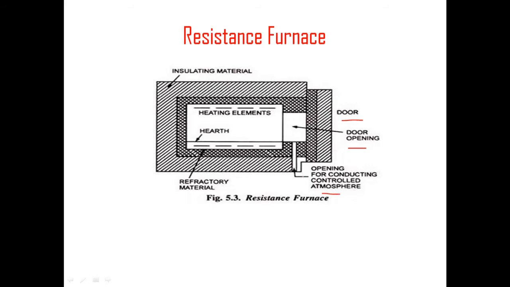Automatic opening can also be done here. The surrounding body of that oven is covered with insulating material, so that whenever we open it or touch the body, a person should not get a shock. So completely the outer body of that oven is covered with insulating material.